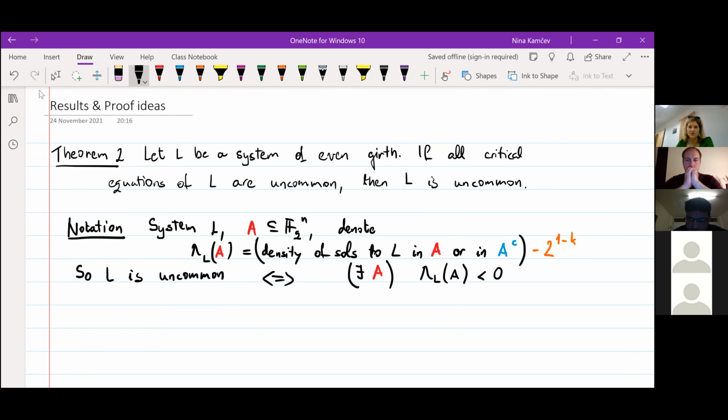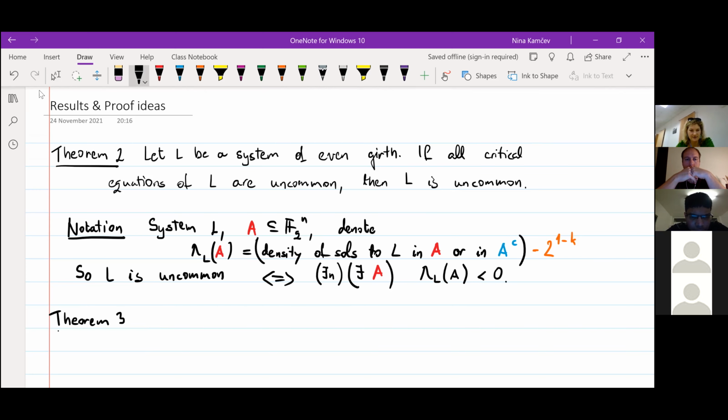Once again, this is just the density of monochromatic solutions in the coloring A. So this whole thing is just a restatement of my definition. And here, formally speaking, I also need to say there exists an N, because this coloring lives in a universe F_q to the N, but that's something we often glance over. Okay, so that's just a restatement, and now this allows us to state the second theorem.